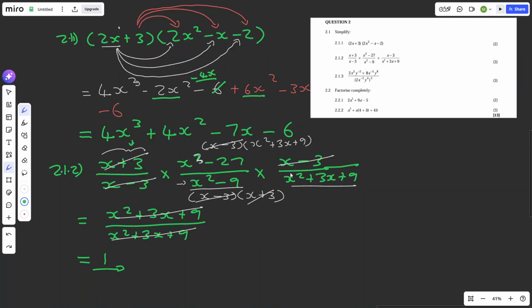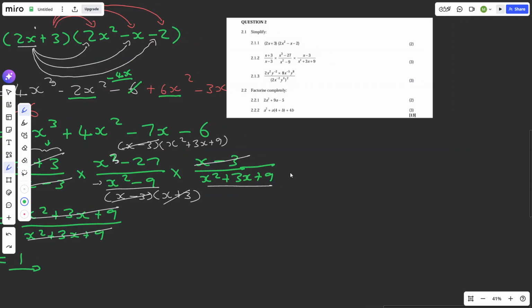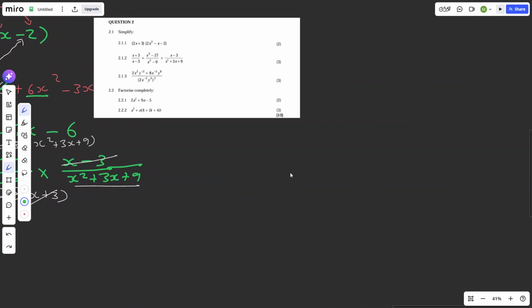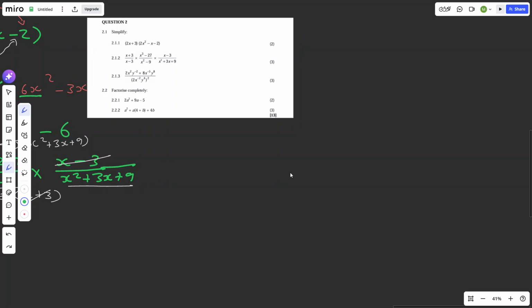Okay, then. So let's proceed to the next bit where we're going to be doing a bit of factorization, right? So in 2.2.1, we are given 2a squared plus 9a minus 5. So now, in this question here, we want to factorize, okay?